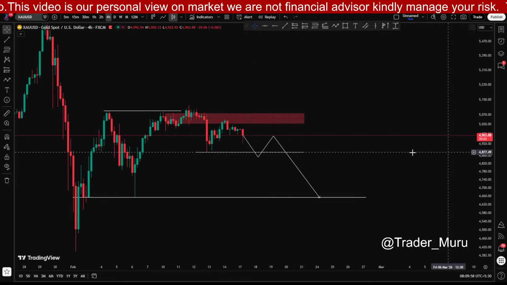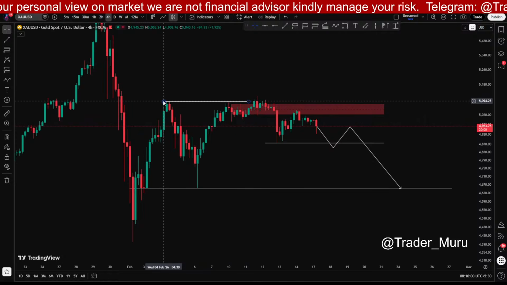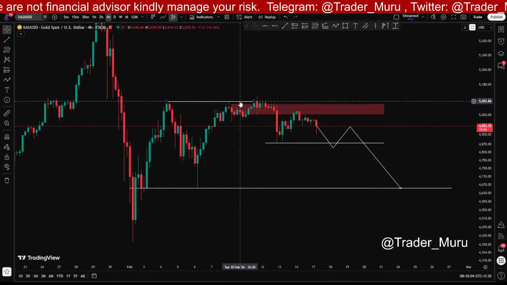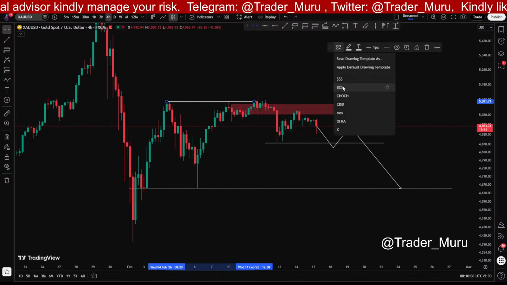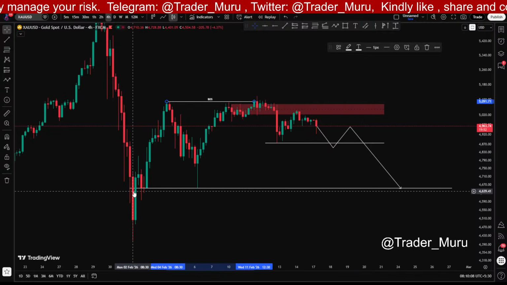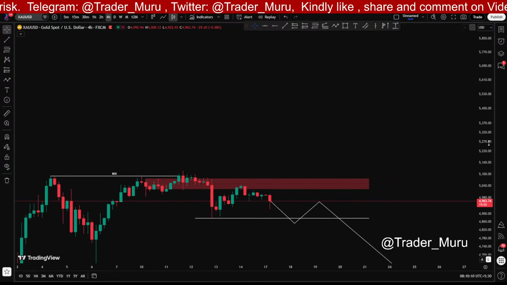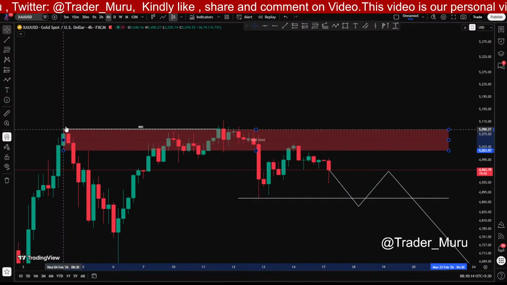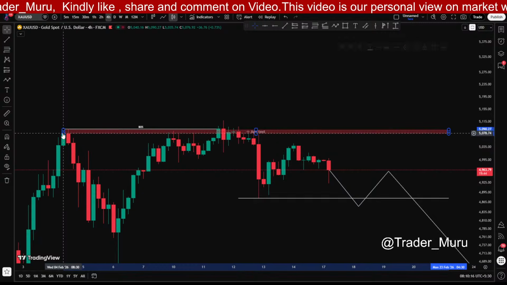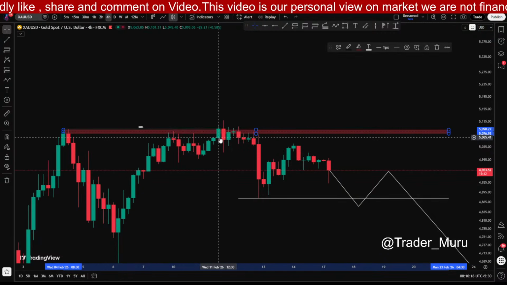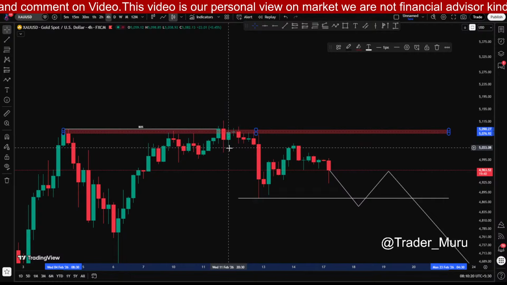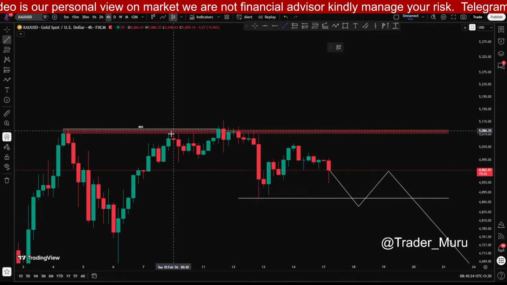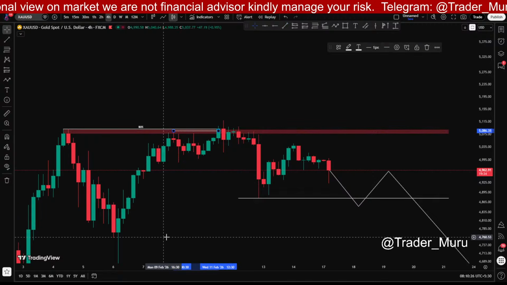In the 4-hour time frame, we have this breakout structure. After a breakout structure, price usually retests this first zone and continues the upside momentum, but here price just dropped below, retested, and is again dropping to the next zone.